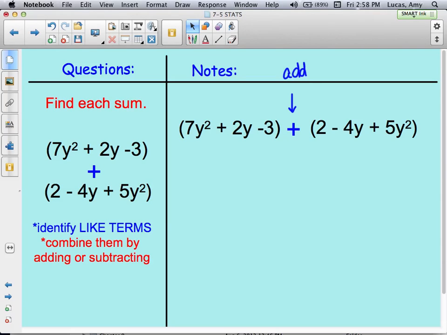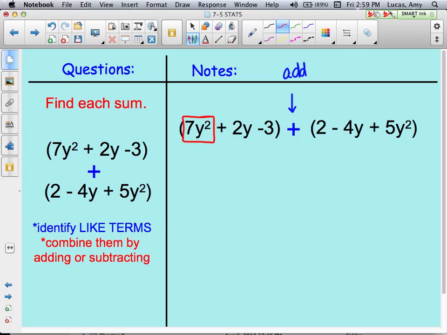It's a little bit of review from something that we've seen earlier in the year when we worked with like terms in chapter 1. So I am going to stick with standard form here. That means I'm going to start with the highest exponent and work my way down to the lowest. So I see in my first term 7y squared. That term has the degree of 2.